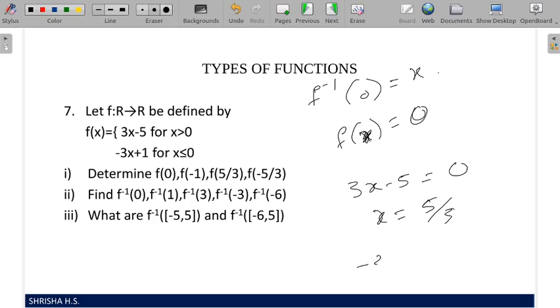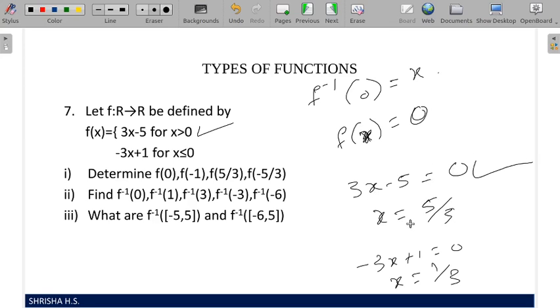Next, minus 3x plus 1 equal to 0, x equal to minus 1 by minus 3, 1 by 3. In this case it is 5 by 3, in this case it is 1 by 3.